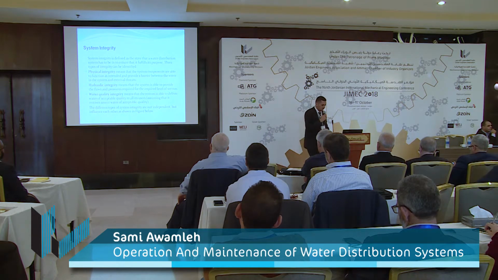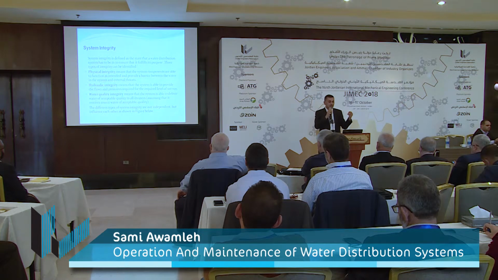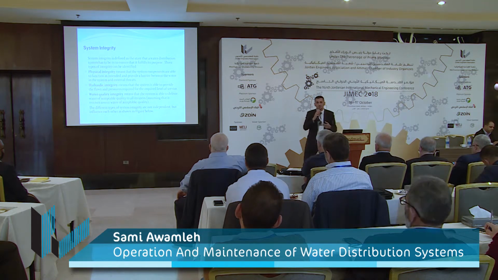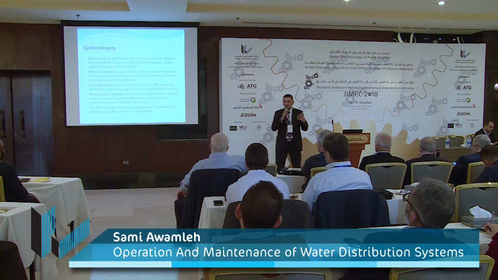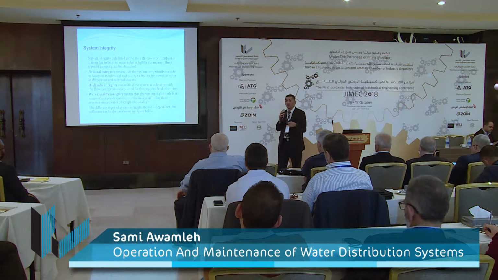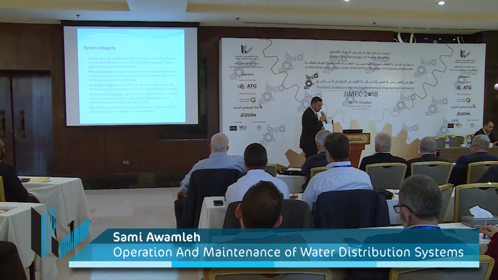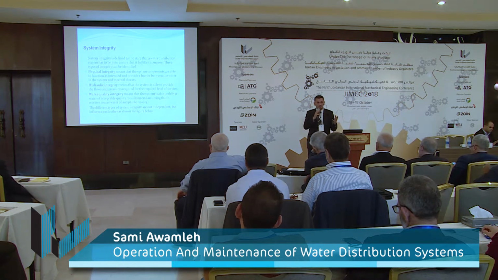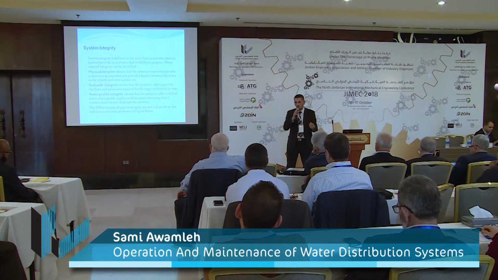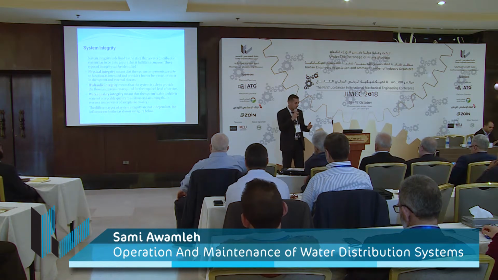Hydraulic integrity means the system is able to deliver water to people at the required pressure, for example to high places. Water quality means we should provide safe water for all the users.